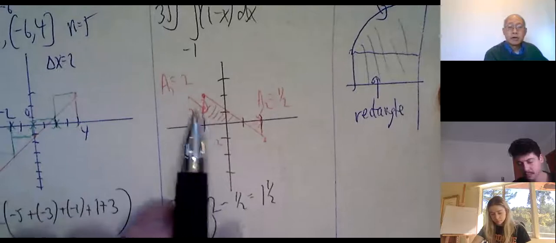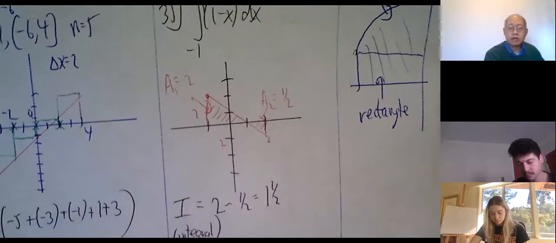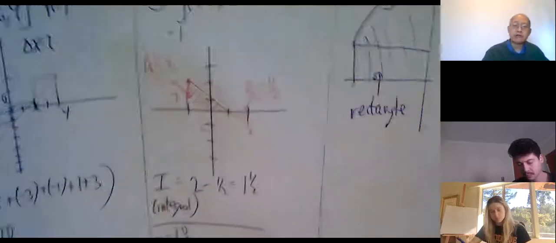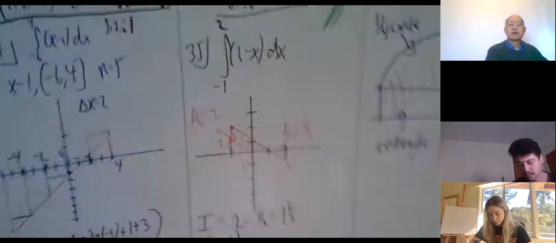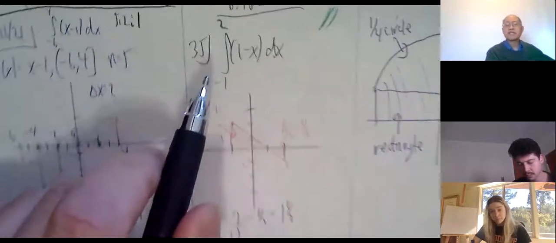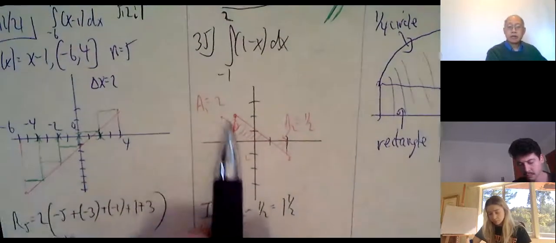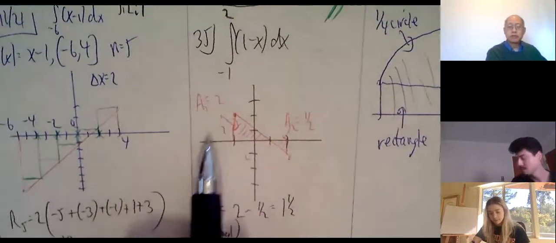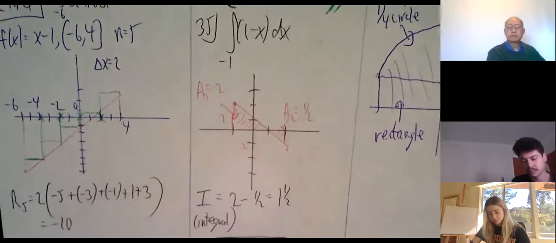Okay, so this area I call it A1. This area I call it A2. Now, area is always a positive quantity, right? Not the integral, but the area. So an integral, you can think of it as a signed area, S-I-G-N-E-D. Okay, so what is this area? It's 2 by 2. So 1/2 base times height. 1/2 of 2 times 2 is 2.